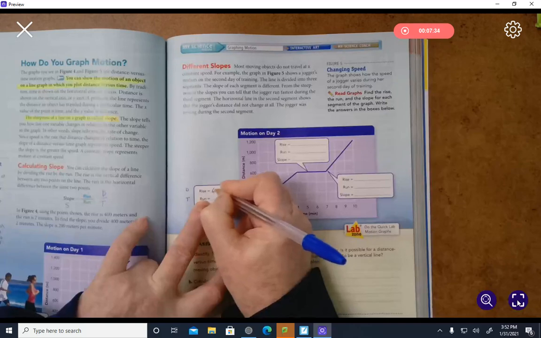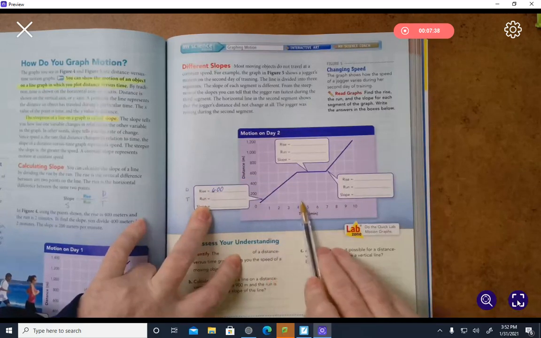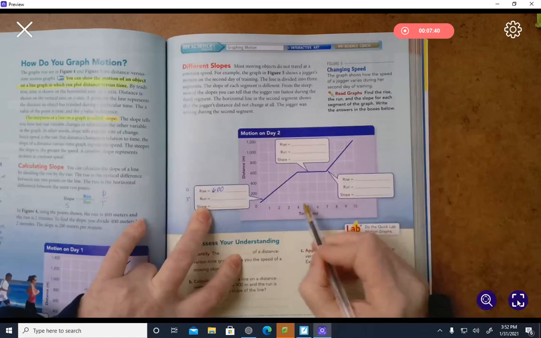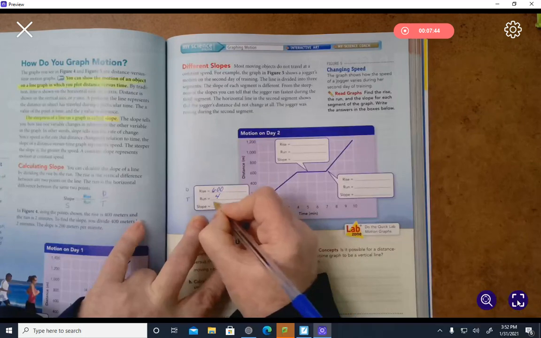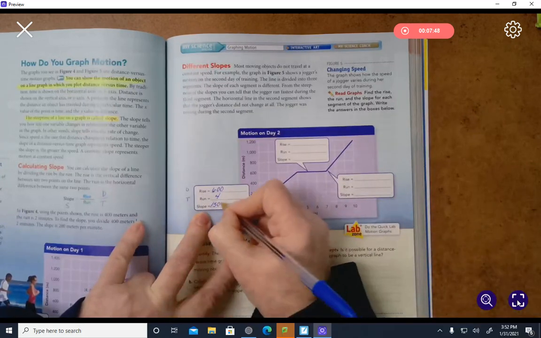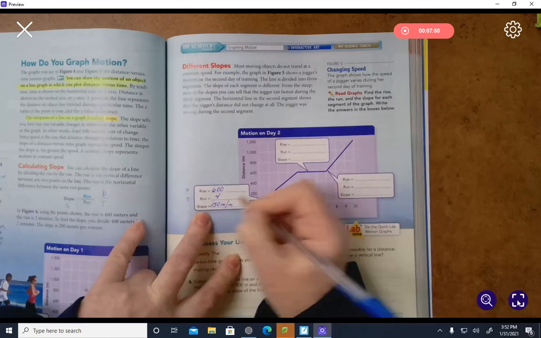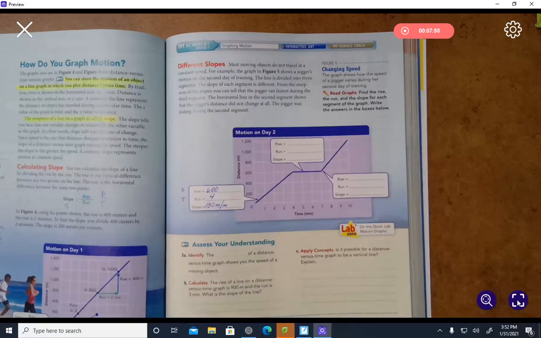So I wrote 600 here. And then the run would have been from here to here, which would have been 4 minutes. So then when I divide that, I get 150 meters per minute.